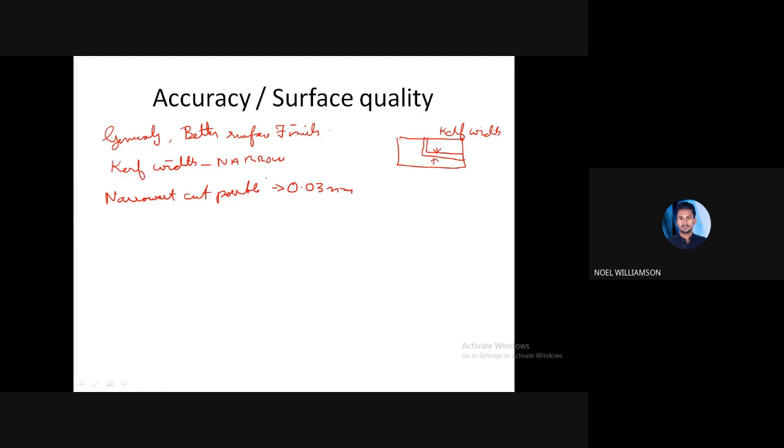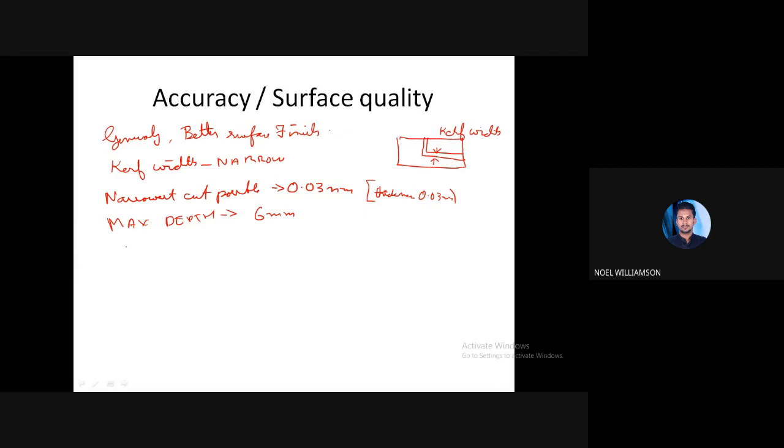It is possible when the thickness is about the same value, that is 0.03 mm. And the maximum depth through which the machining can be possible can be about 6 mm.